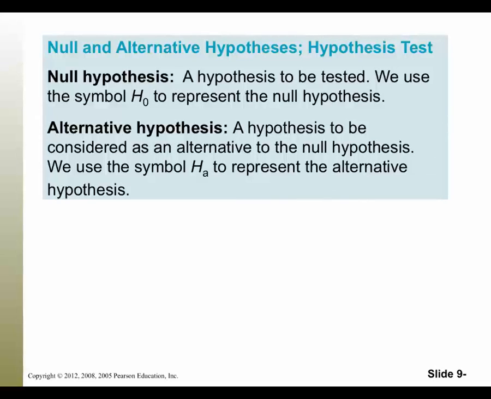Then for every null hypothesis, you're going to have an alternative hypothesis. This is the hypothesis to be considered as an alternative. So if not the null hypothesis, then what? That's the alternative hypothesis, and that's H A, A for alternative.